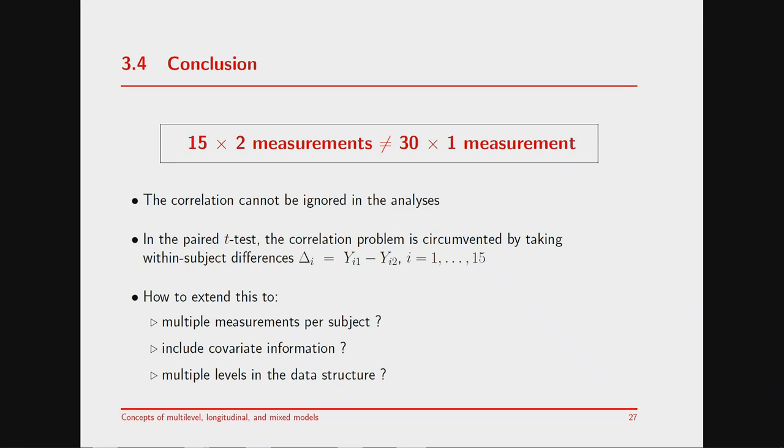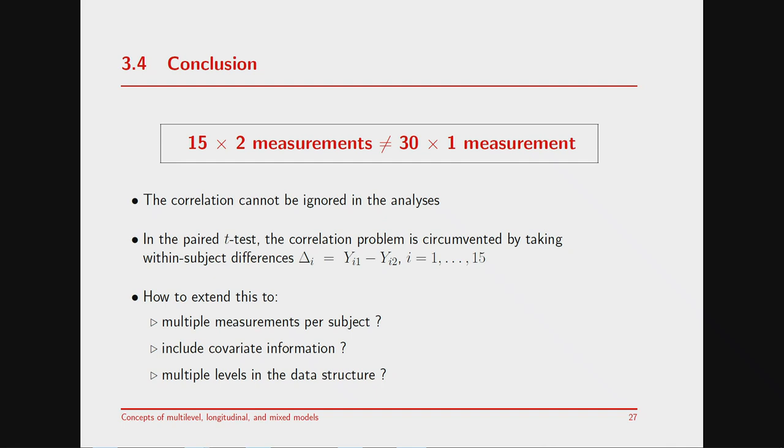So that's a very nice trick to get rid of the correlation issue. But then the question, of course, is how do you do this if you have multiple measurements per subject? Because then you cannot just take a single difference anymore and go from 4 measurements to only 1 measurement without losing information, obviously.